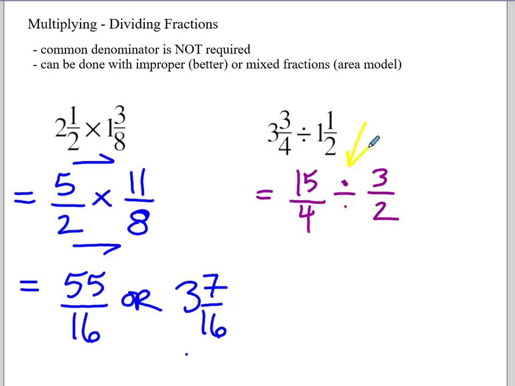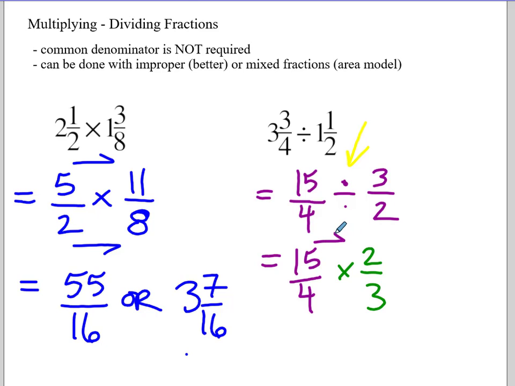That's multiplying by the reciprocal. So I'm going to take my next line. I better use purple. So I have 15 over 4, and then instead of dividing by 3 over 2, I'm going to multiply by 2 over 3. Okay, and if that's a little bit rusty, then go back and look at our division lesson.